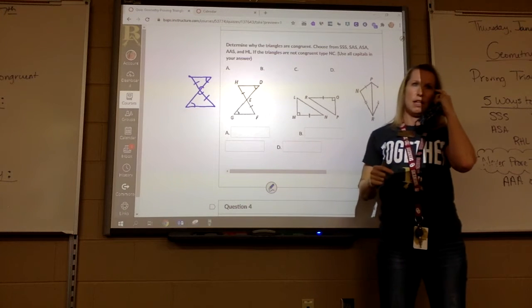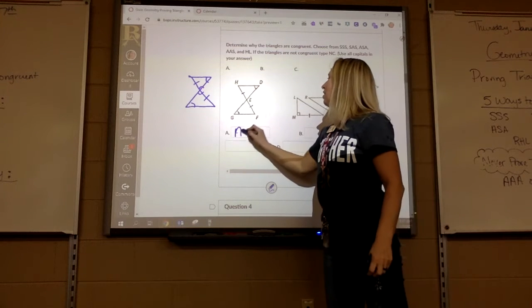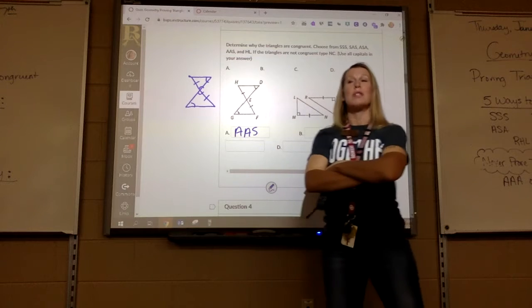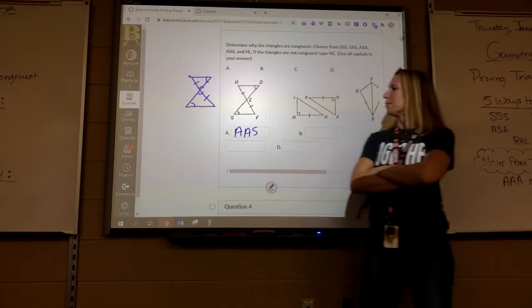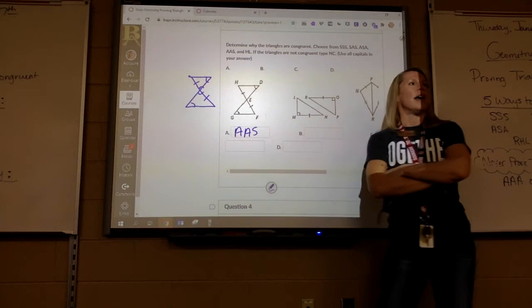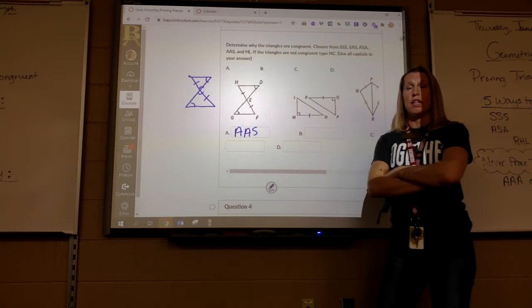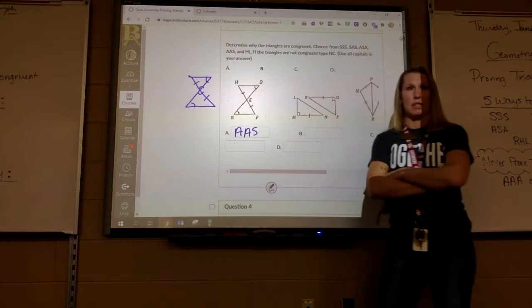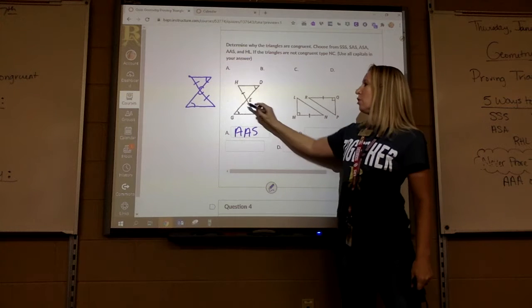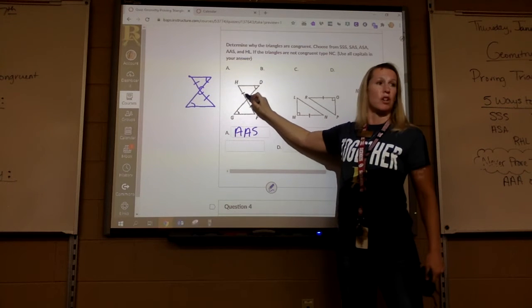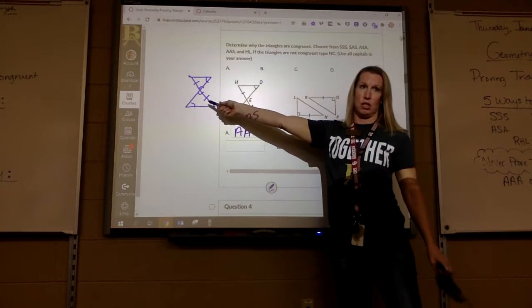Angle, angle, side. Use capitals. And if they are not congruent, you will put capital N, capital C.